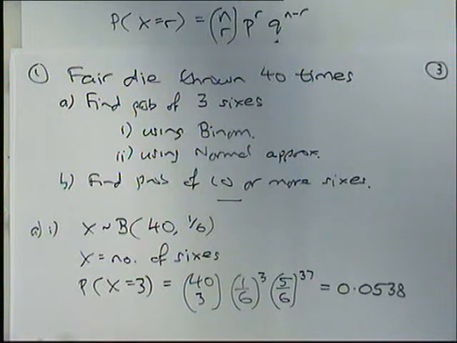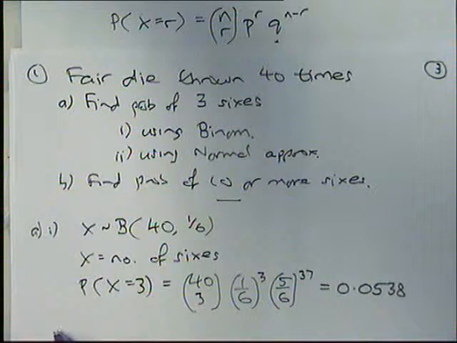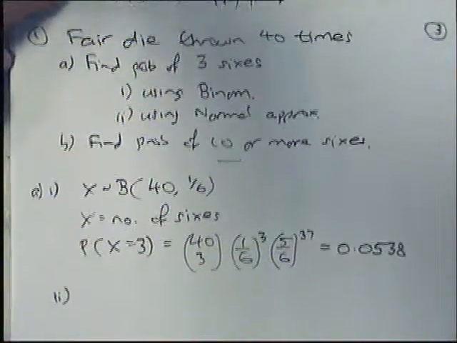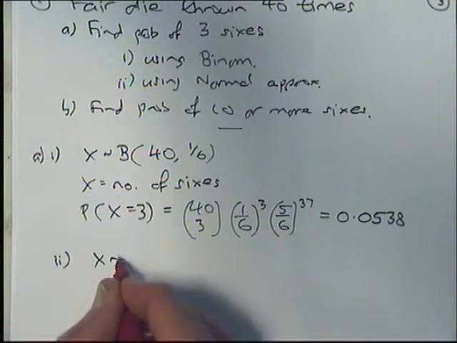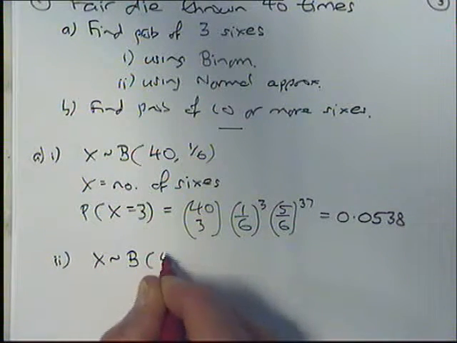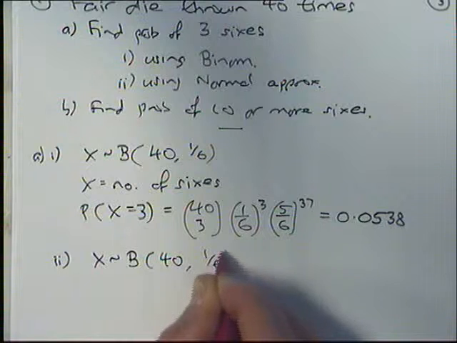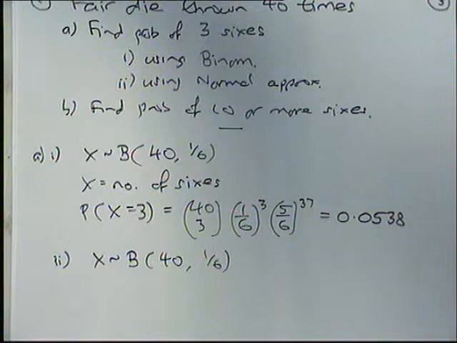But in part A2, we're going to do the same thing and use the normal approximation. We need to write it out carefully. We have still that X follows the binomial distribution (40, 1/6). If you're doing this in the exam, you're going to use the normal approximation.